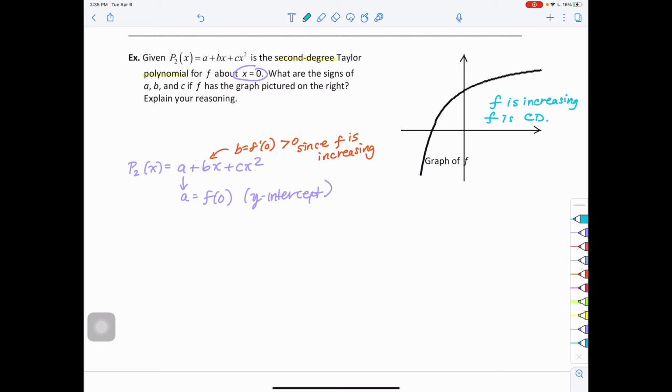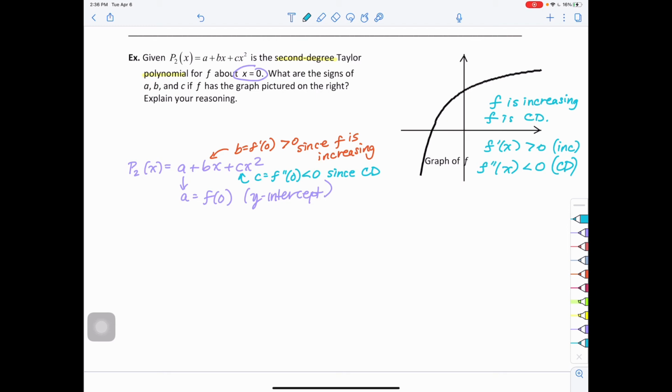So if f is increasing, f prime of x is positive. And f double prime of x has to be negative, okay? Since we're concave down, increasing, okay? So that's what we have here. C is equal to f double prime of 0, which is going to be negative since concave down, okay?